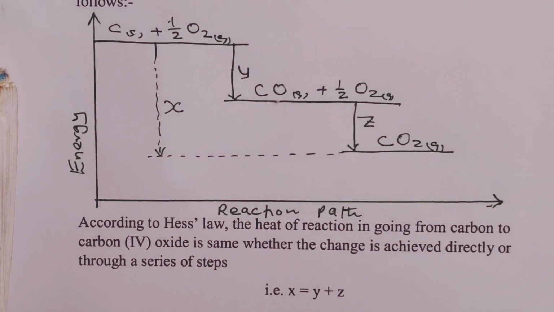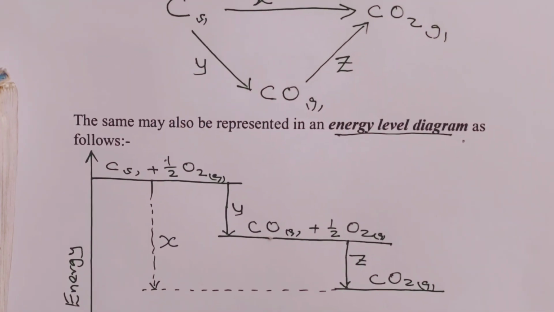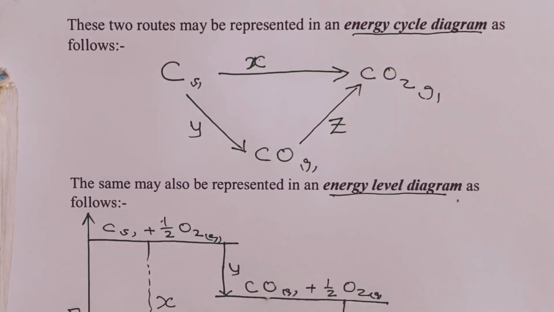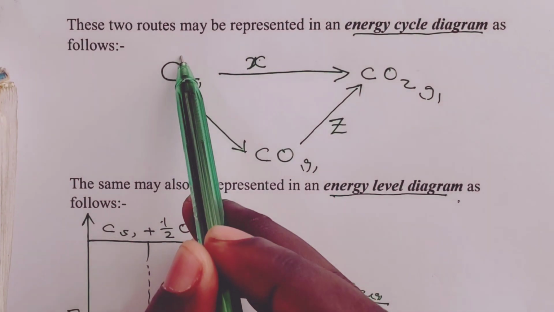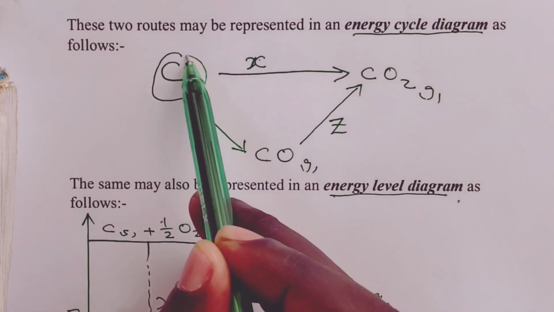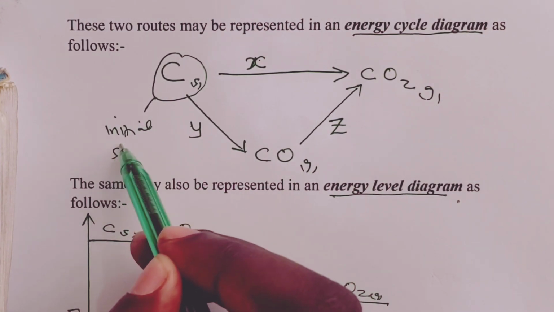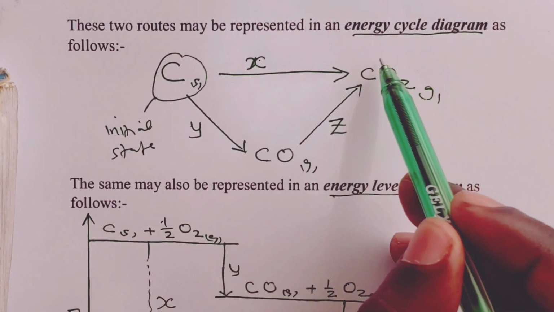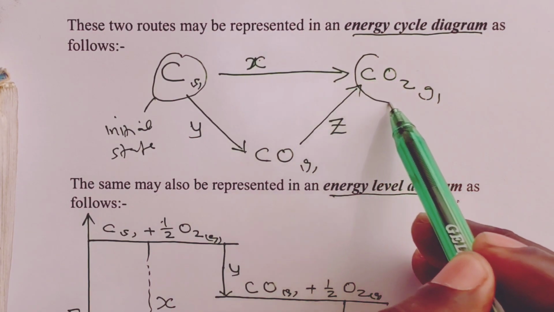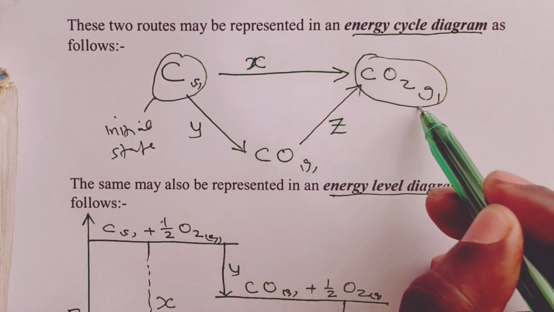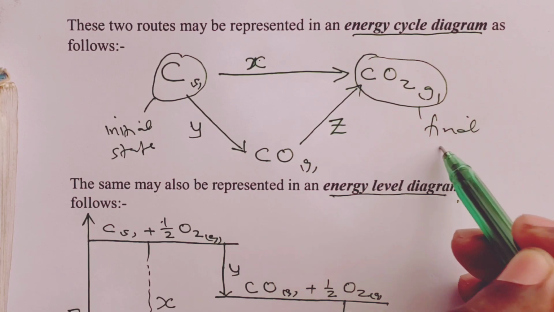Now, according to Hess law, and I'm going to use my energy cycle diagram to explain, the initial state of the system is here. This is where we have initial state, and all the routes lead to carbon 4 oxide. So this becomes our final state.